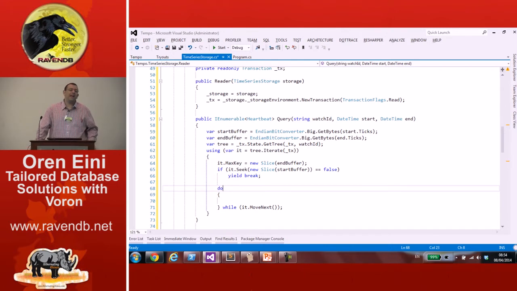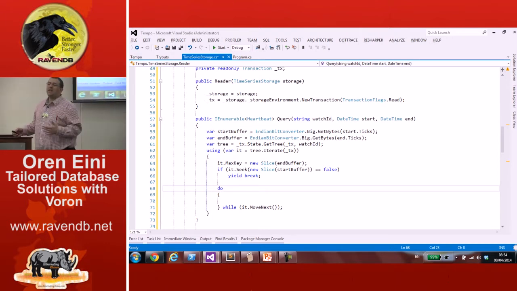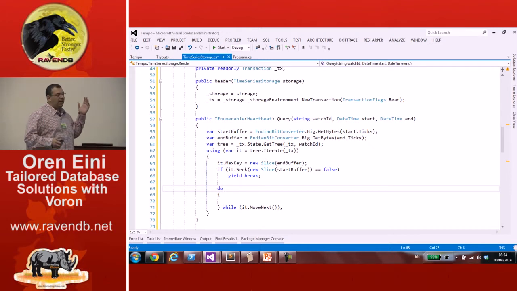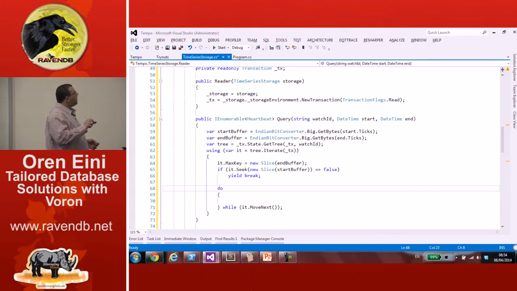So I want to iterate up to that point and go to the first item on the tree that is equal or greater than the start value. Again, notice that we use big endian convention because that gives us the most significant bit. That means that we can compare using a memcompare, and that's about it. Now we are iterating over the tree.